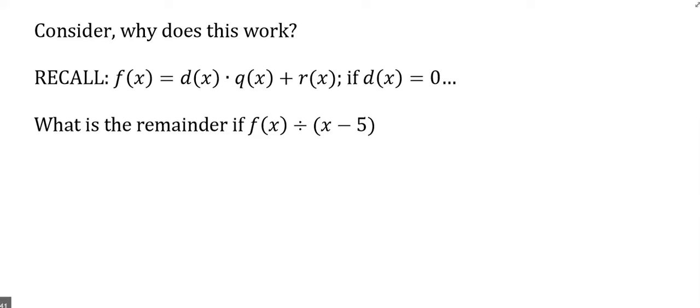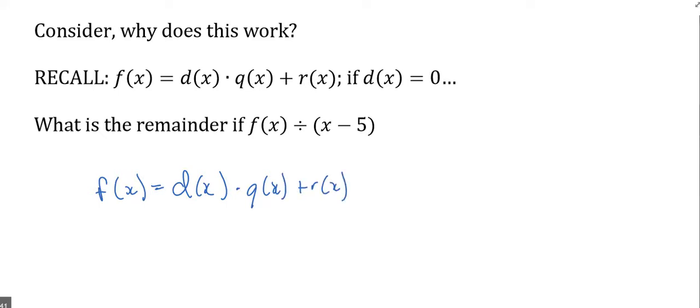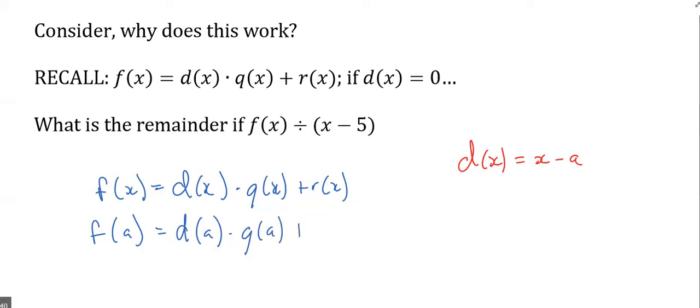Remember our division statement: f at x equals d at x times q at x plus r at x. But I pointed out that if d at x, the thing I'm dividing by, is x minus a, then I am evaluating the function f at a. So that's going to be d at a times q at a plus r at a.